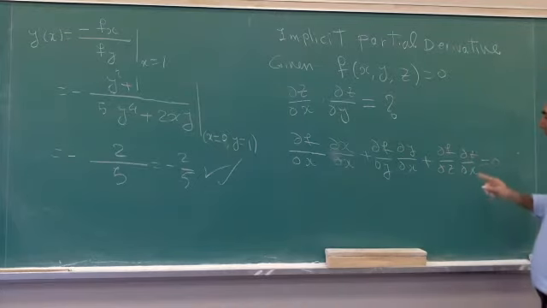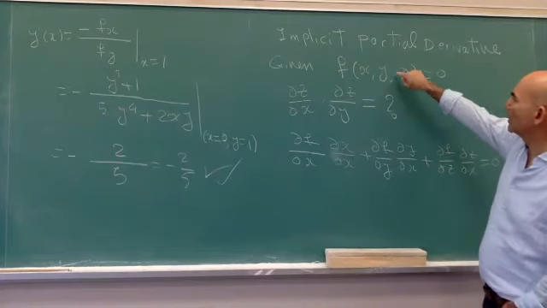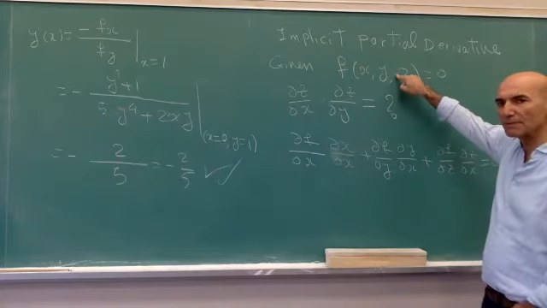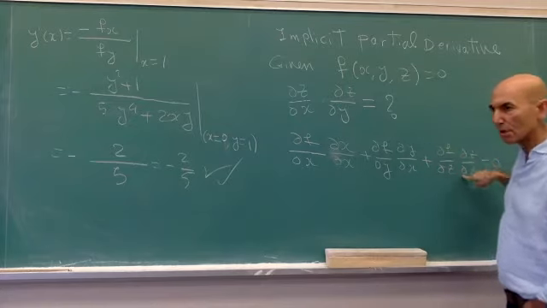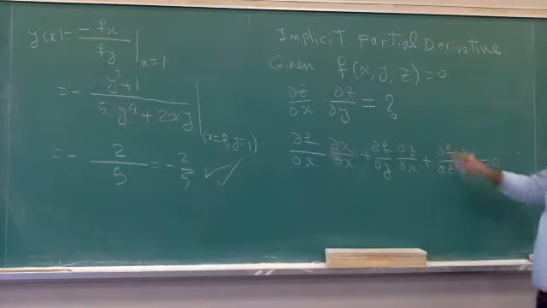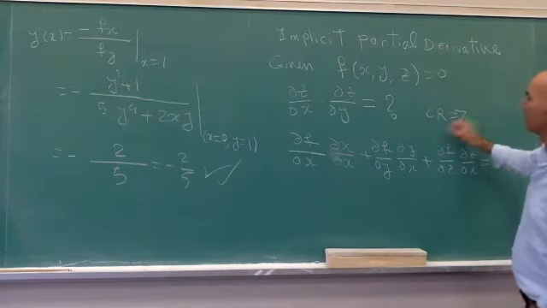I recommend you write it like this first, because what is it? We are taking the derivative of this guy with respect to x, and you get this equation by the chain rule, right? So the chain rule gives me this.